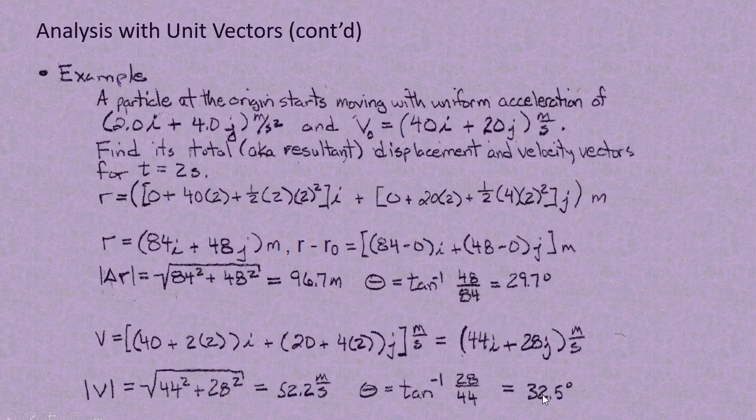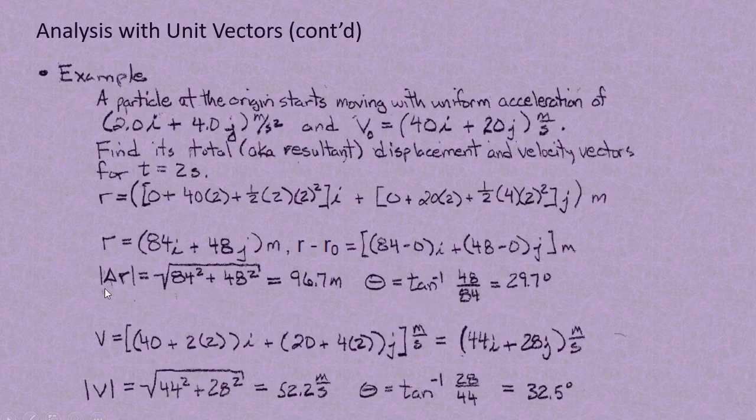Notice that the direction of the instantaneous velocity vector is not the same as the direction of the displacement vector. And at first we may think this is at odds, but it really isn't. If we remember that the instantaneous velocity vector is in the same direction as the displacement vector as the limit of delta t goes to 0.